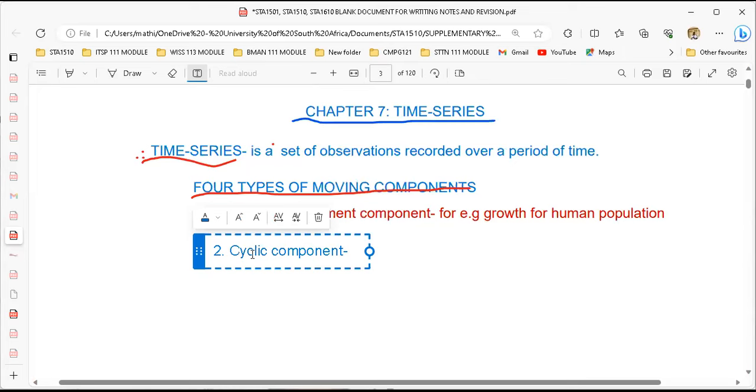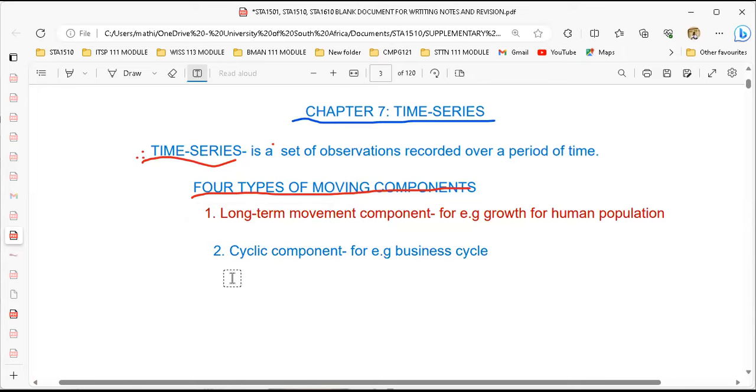So now with the cyclic component, you see the word cyclic, we can talk about the business cycle, for example. The long-term component, you can talk about the growth for human population. So that's number 2. Let's go to number 3.